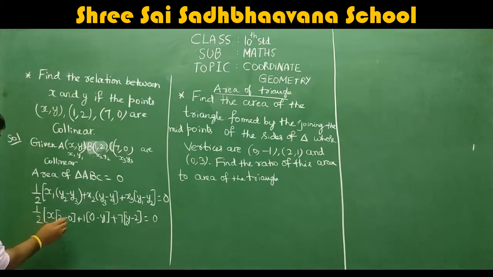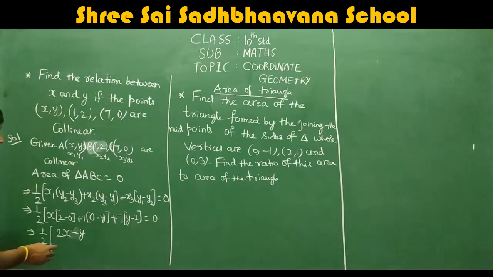Now simplify. Take this x inside, which will give you half into 2 minus 0 is 2 itself, 2 into x, 2x, plus 1 into minus y. Can I write this as minus y? Because plus into minus is minus.